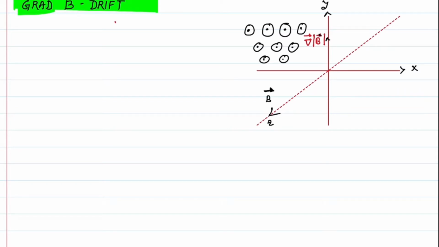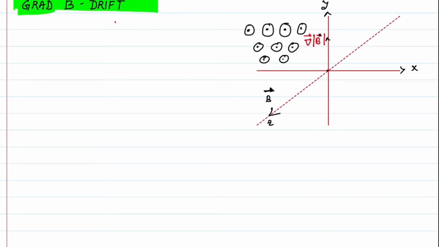Now in order to discuss this, first we must know some results that we have got in the uniform field, single particle motion in a uniform B field. I am not going to derive those expressions again, so I would like to request you to watch lecture 4.